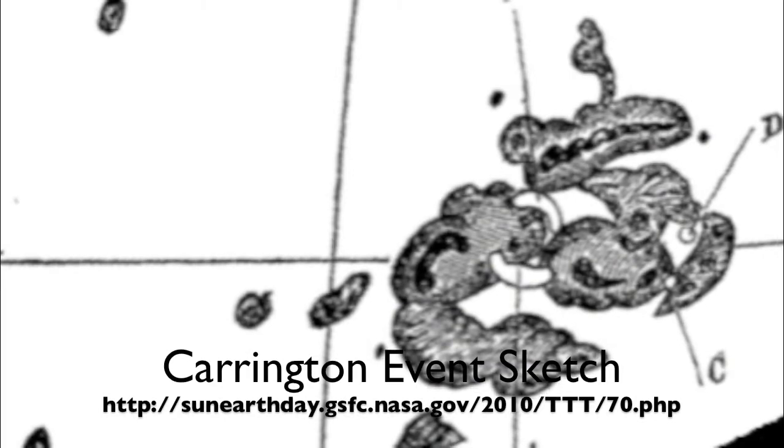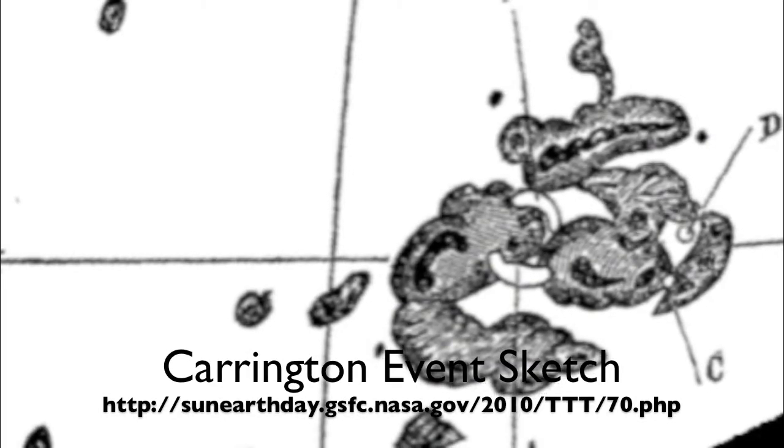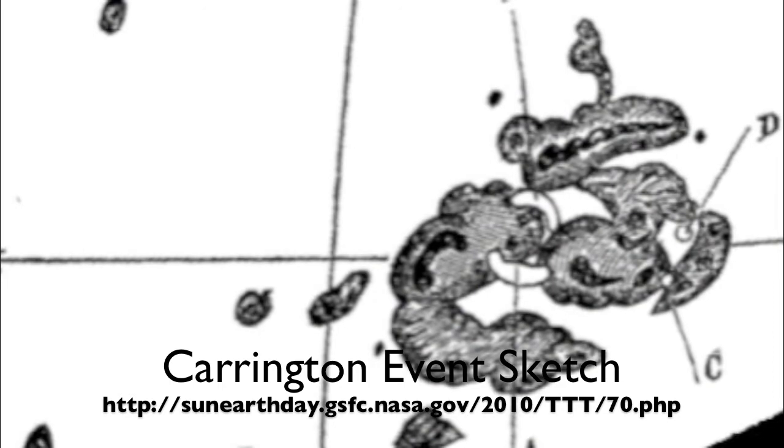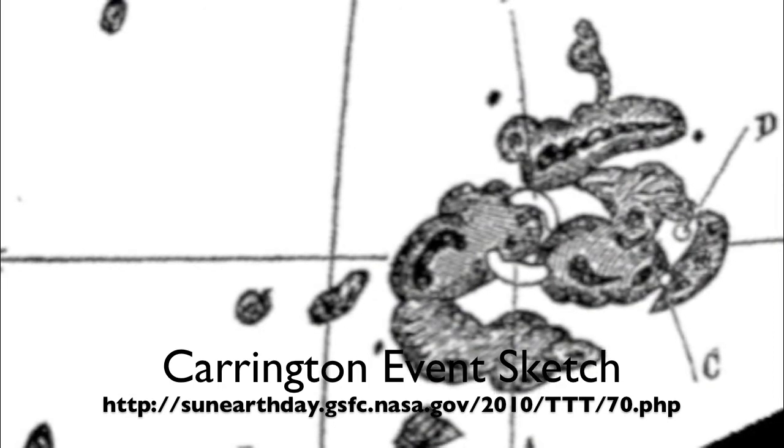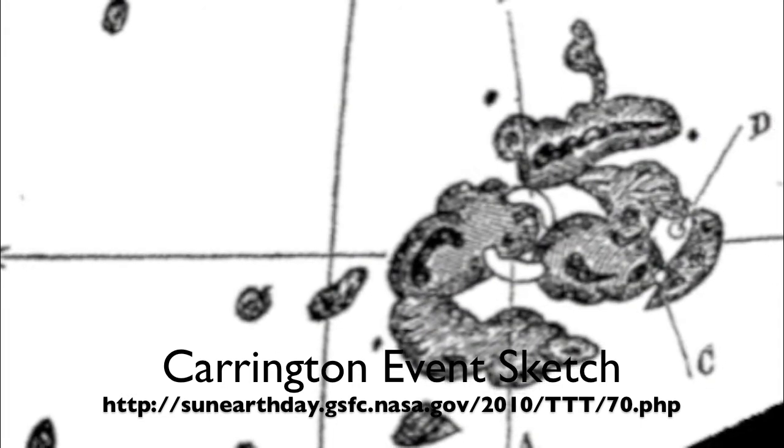And the most famous example is the Carrington event in 1859, observed by Richard Carrington. He noticed that there was a lot of activity going on with the sunspots on the sun, and he noticed an ejection of particles coming out of that sunspot.